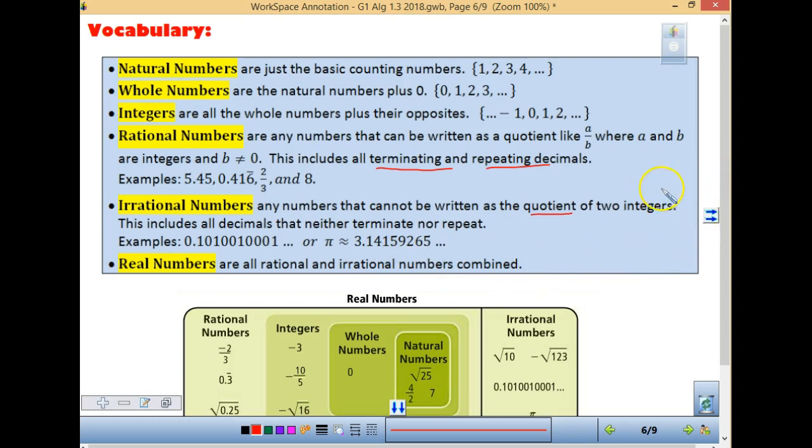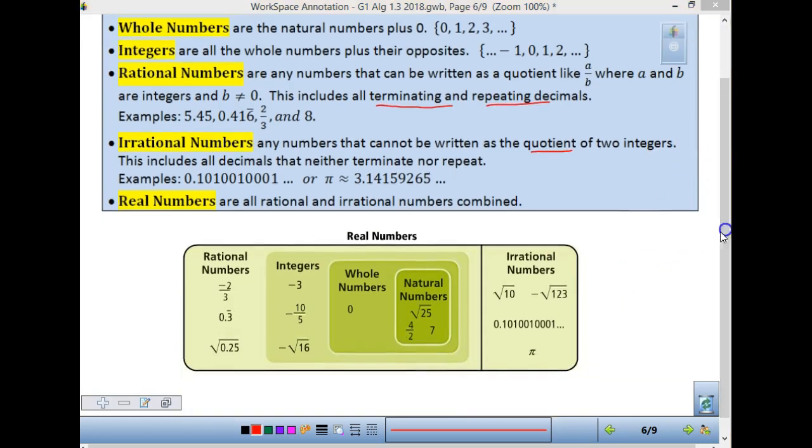Now look at the poster that I have up in the front. I have quite a few digits of pi, but I cut off the last part of that poster. So it doesn't end, doesn't repeat. Real numbers are going to include all the rational and irrational. So when we are talking about our sets of numbers, the most broad is real numbers. Then we break it down into rational and irrational. Once it's irrational, you have no other choice.